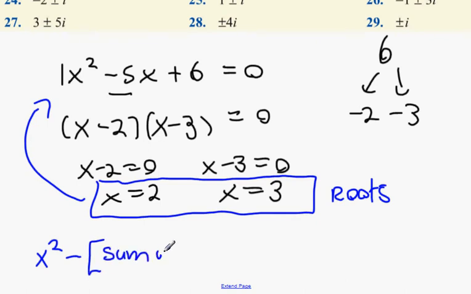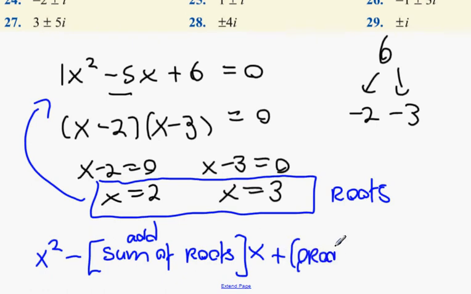Do you know what I mean by sum of roots? Add the roots together. Then x, plus bracket product of roots. Please take down that one thing today, just what I've written down there.